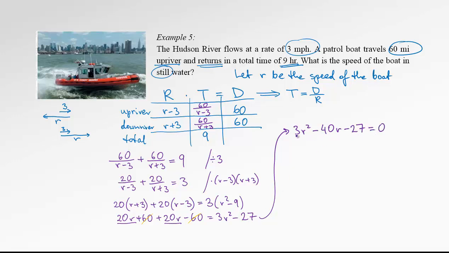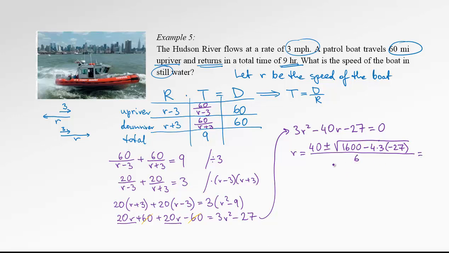Since these numerical coefficients are pretty large, let's apply the quadratic formula this time. So our r could be negative b, which is 40, plus or minus the root of b squared, which is 1600, minus 4 times 3 times negative 27, everything over 2 times 3, which is 6.